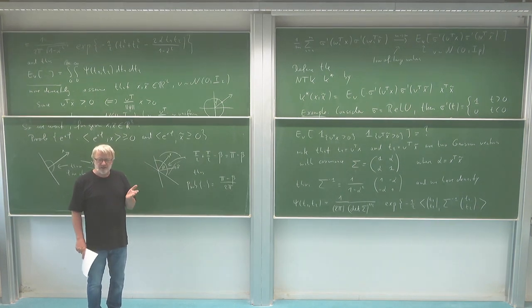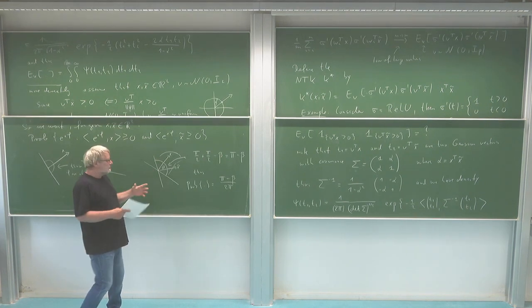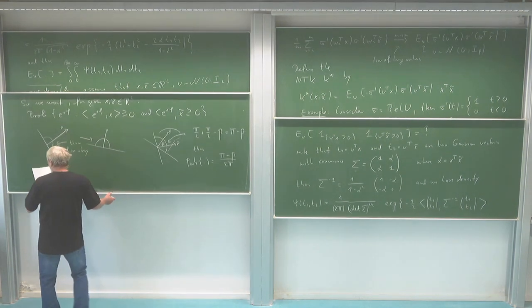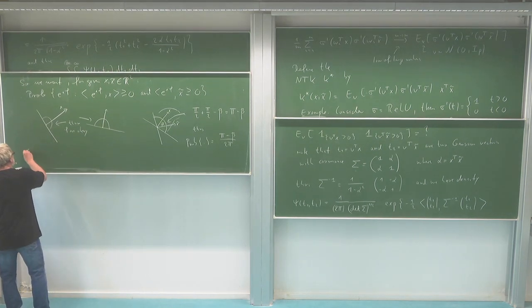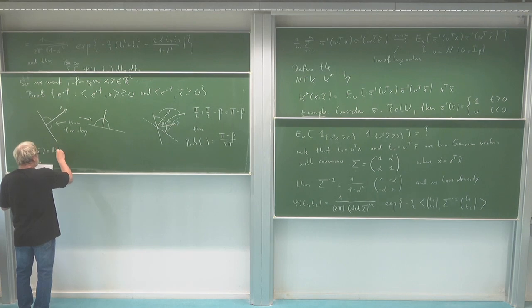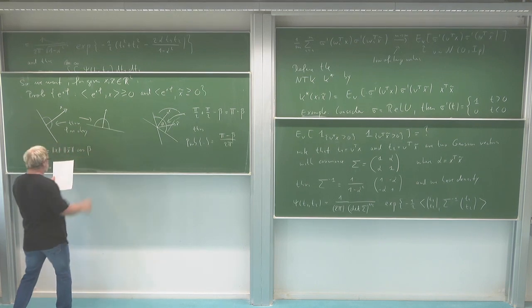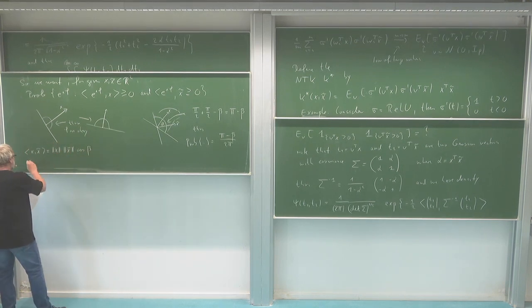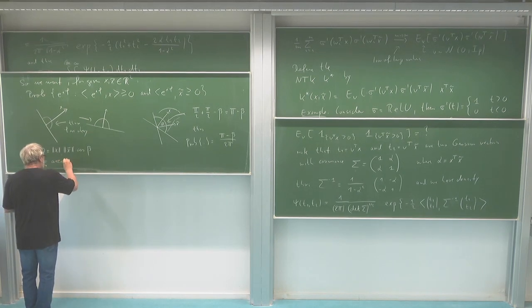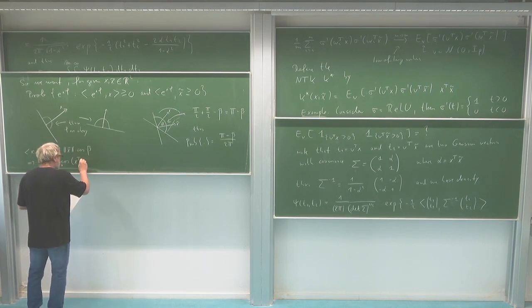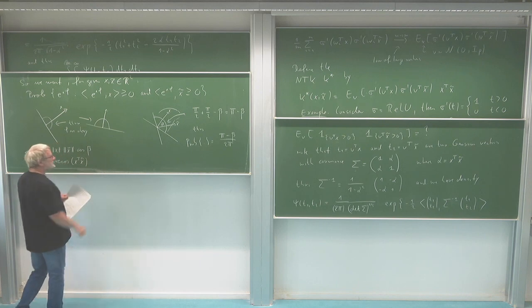In general, the inner product is the length of them times the cosine of the angle between them, and that angle is beta here. So those lengths are 1, and beta is the arc cosine of the inner product x transpose times x twiddle.